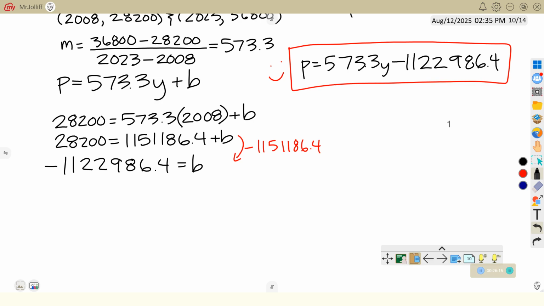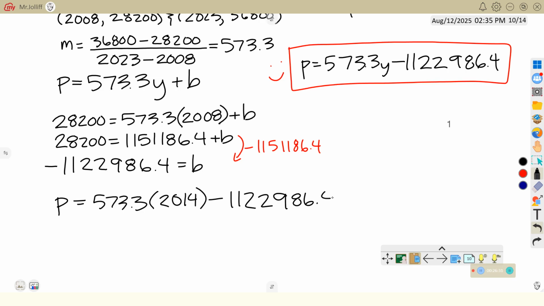So it would be 573.3 times our year, 2014, minus. Right? Because that's what y stands for. It stands for year. If I know the year is 2014, let's stick it in for y. We can solve for the P that goes with it.